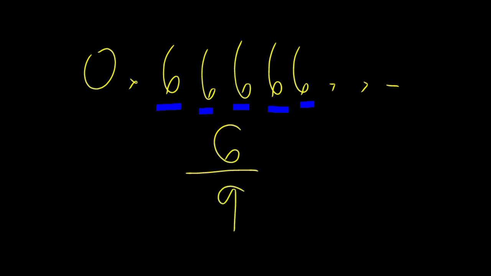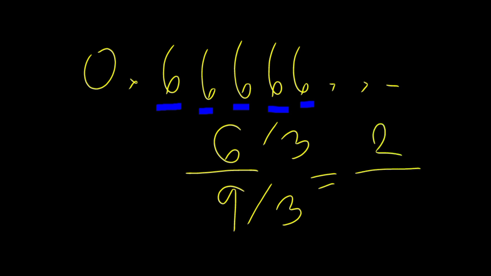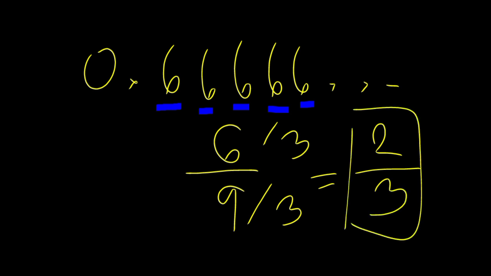So 6 over 9, or we can divide both the numerator and denominator by 3 to get its lowest term. 6 divided by 3 is 2. 9 divided by 3 is 3. Therefore, the fraction form of 0.6666 and so on is 2 over 3.